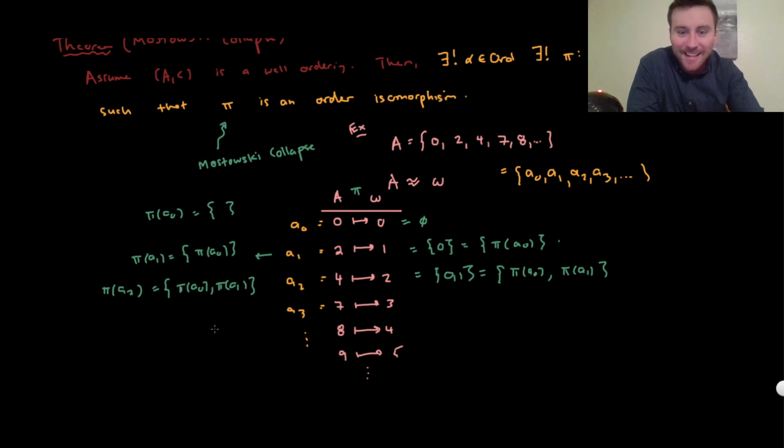What is pi of A sub 40 going to be equal to? When we go through this whole process, what we get is pi of A0, pi of A1, pi of A2, and so on, all the way up to pi of A sub 39.